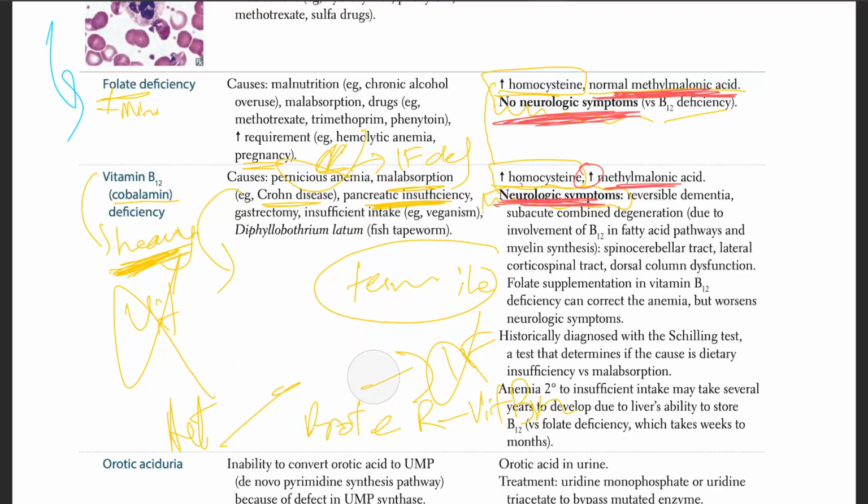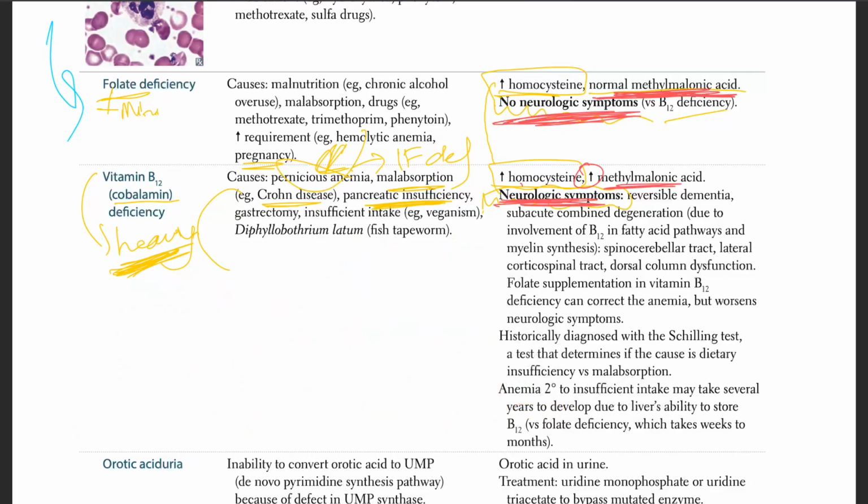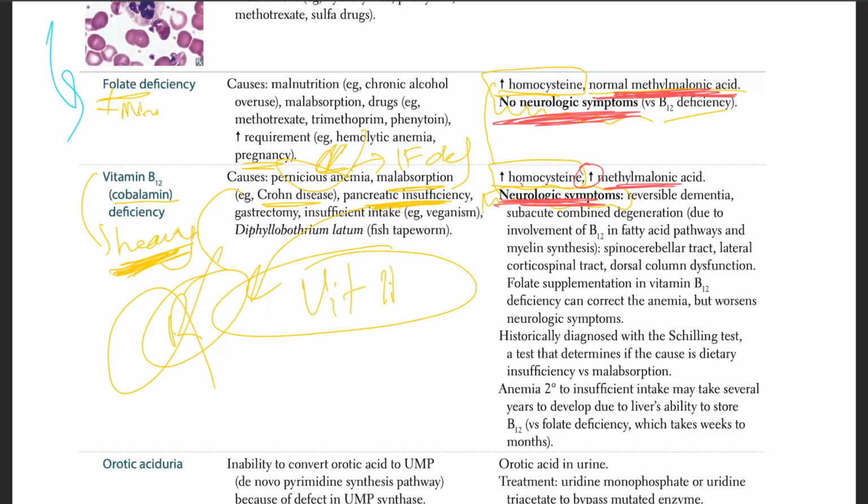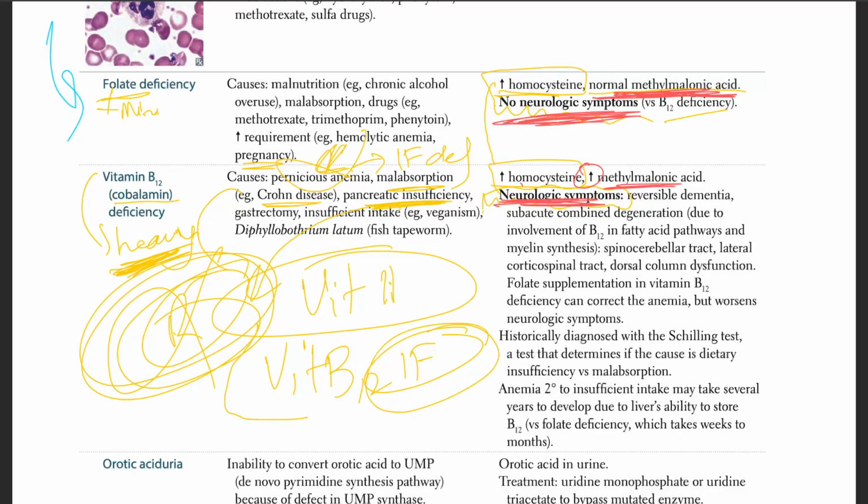Once you release it, the vitamin B12 will attach to the IF. So if you have pancreatic insufficiency, you cannot release the R. When you cannot release the R, you cannot bind it to IF, and you cannot absorb it in the terminal ileum, leading to vitamin B12 deficiency.